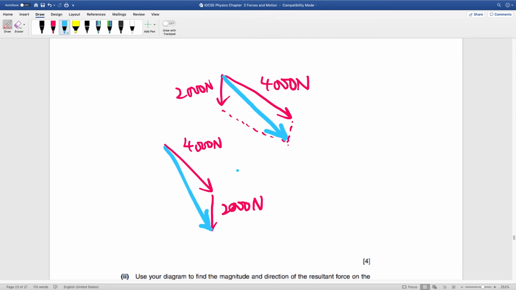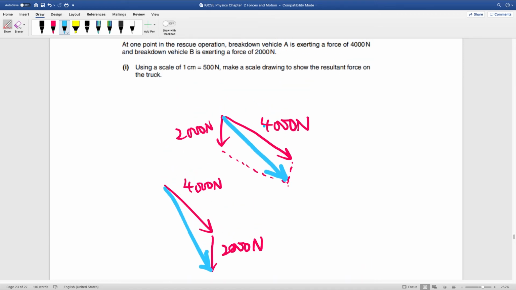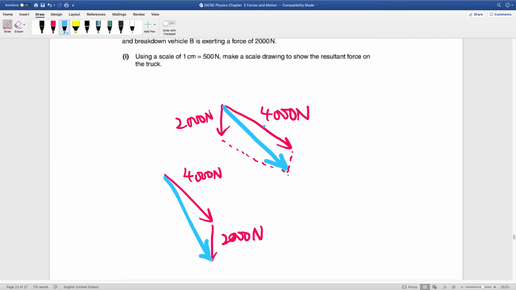You measure the length of the arrow that you draw, the blue arrow, and then 1 cm is 500 Newton.